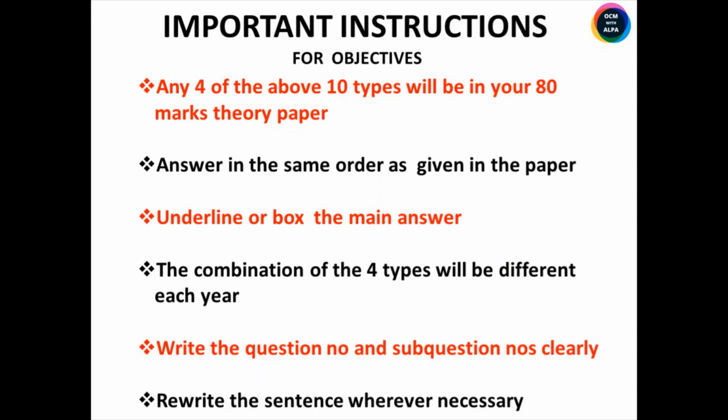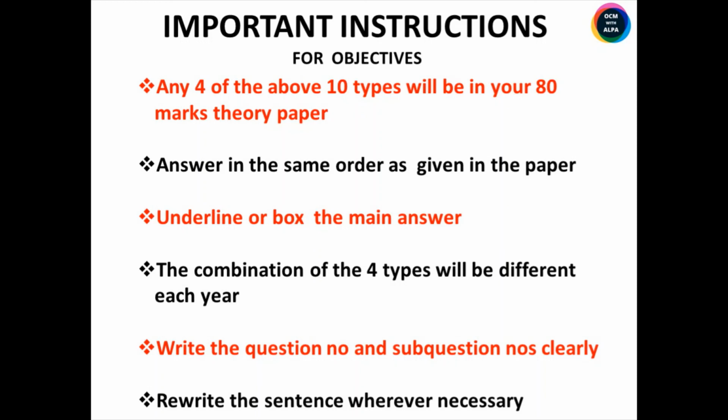Whatever answers you write, highlight them, underline, box, whatever. All the objectives that we have are for 1 mark. There is no option, nothing you can leave. All are compulsory. And the combination of the 4 types which you will be appearing in each question paper is going to be different naturally, because out of the 10, any 4 is going to be asked.